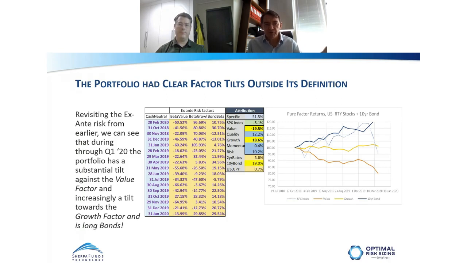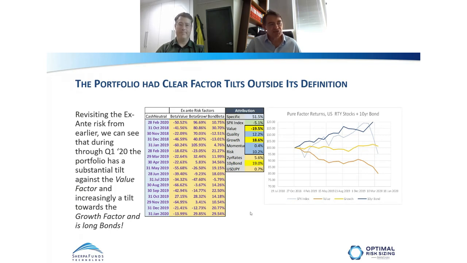And I'll call the bond a factor as well, because factor is just a risk attribute. We could have a long conversation about that, but factor is just a risk attribute. So even though our specific risk is 50%, the 50% which is macro and factor has clearly worked very well in our favor.